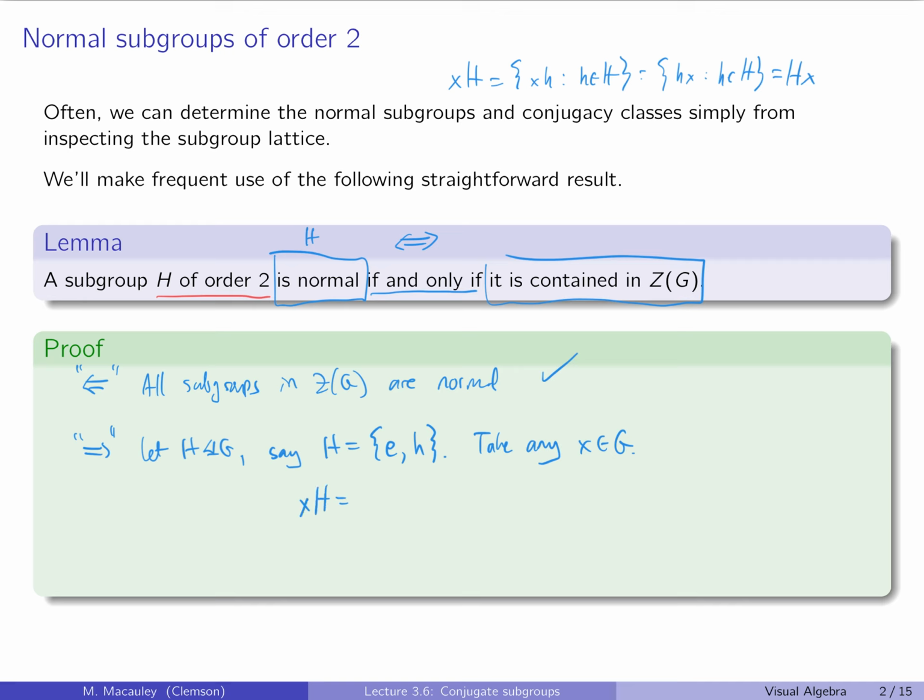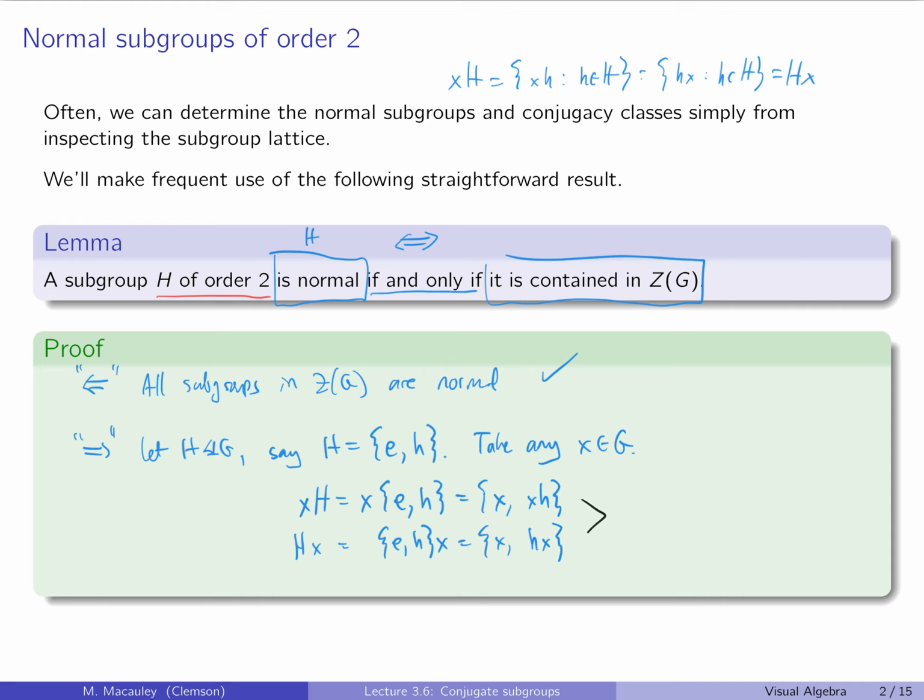xH is x times the two elements e and h, which is the two elements x and xh. And then the right coset, Hx, is e comma h, that two element set, times x on the right, which is x and hx.